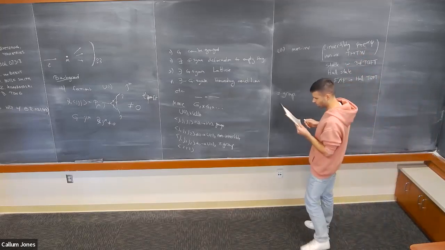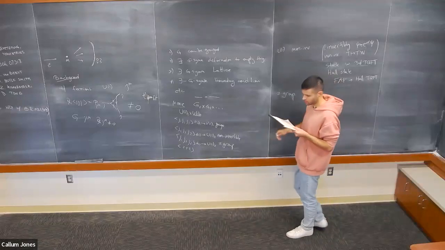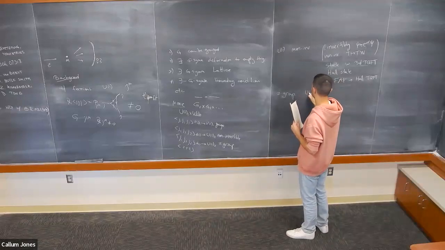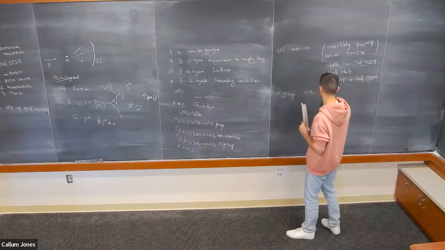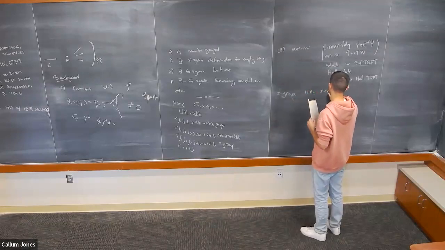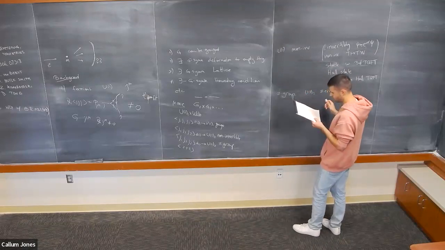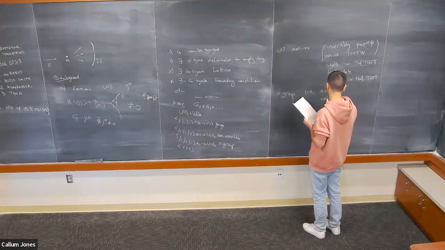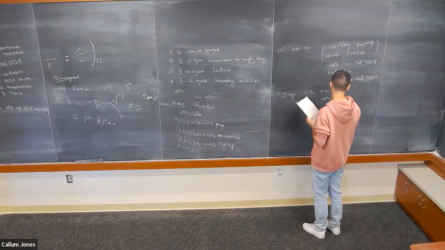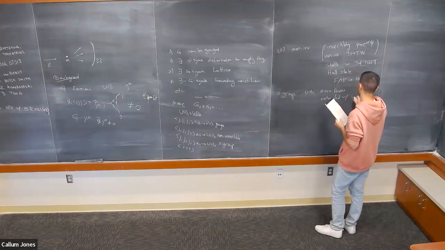Okay. And by two-group, here what I mean is that the U(1) zero-form symmetry becomes entangled with a U(1) one-form symmetry.